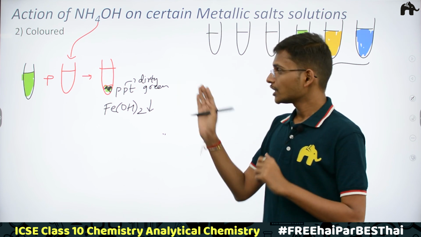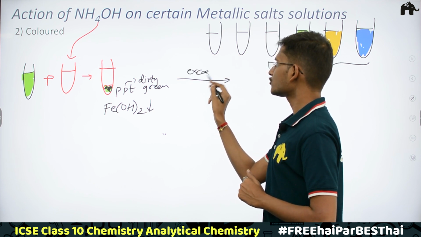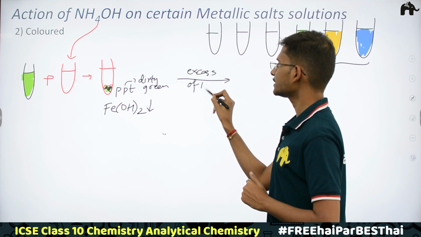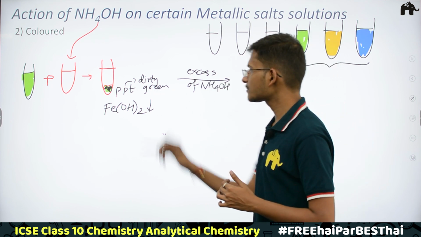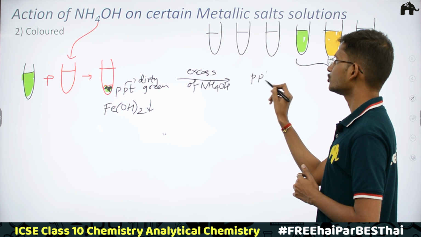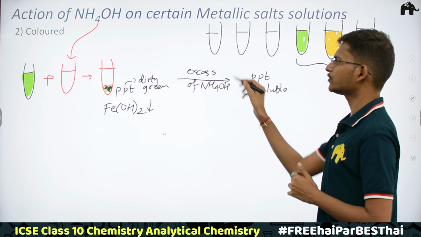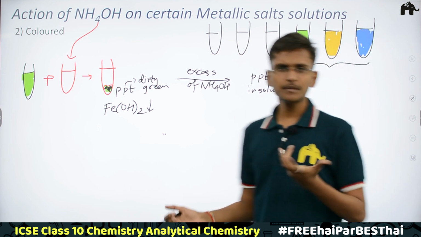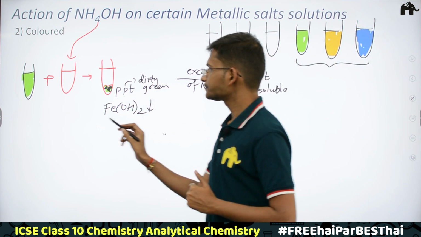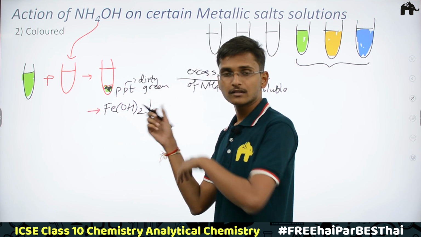Now moving ahead, when we are adding excess of NH4OH into it, what is happening? Here this dirty green precipitate is insoluble. It remains as it is after adding excess of NH4OH. Very simple. Let's try to develop the chemical reaction then. So see here, we know FeOH twice, ferrous hydroxide precipitate, is getting formed.